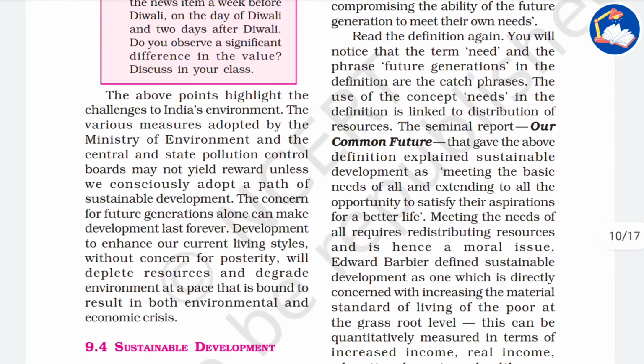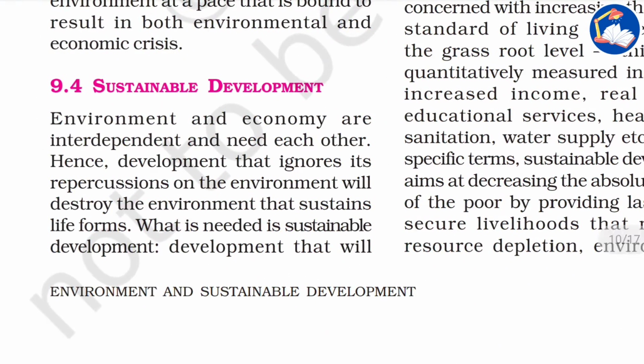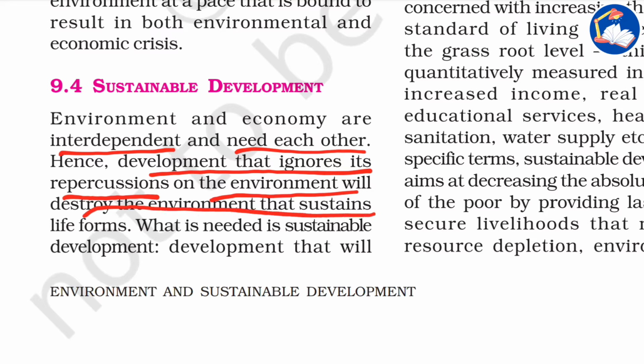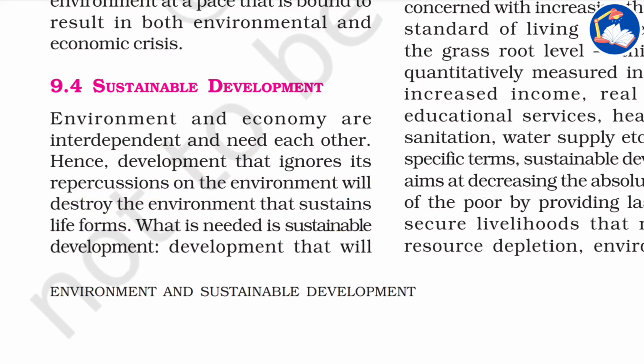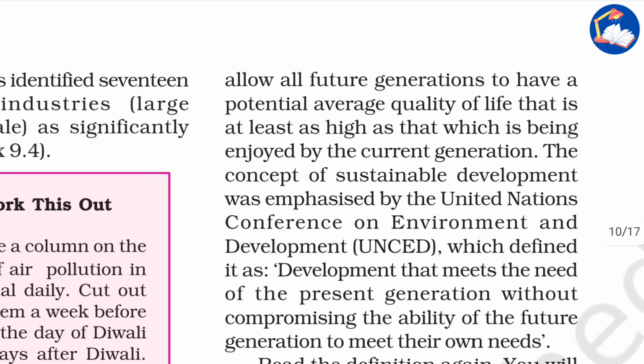Now we will look at the third aspect, that is sustainable development. Environment and economy are interdependent and need each other. Hence, development that ignores its repercussions on the environment will destroy the environment that sustains life forms. What is needed is sustainable development that will allow all future generations to have a potential average quality of life that is at least as high as that enjoyed by the current generation.